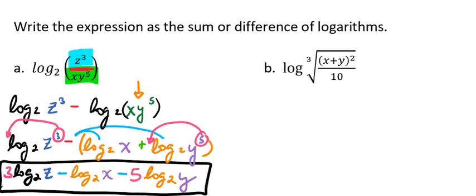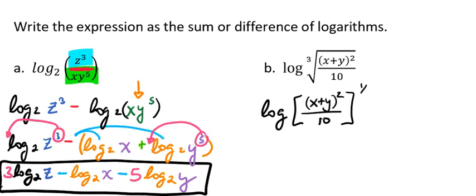Let's take a look at our next problem. Here we have the log of the cubed root of x plus y quantity squared divided by 10. So we're going to want to write this radical expression with rational exponents instead. So we're going to rewrite this as the log of x plus y quantity squared over 10, all raised to the 1/3 power.